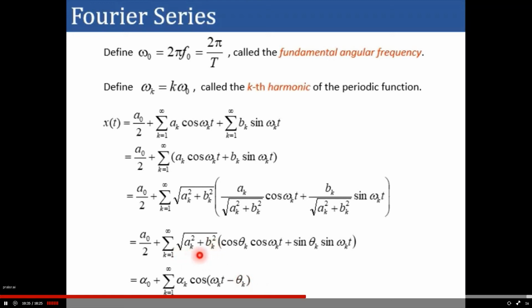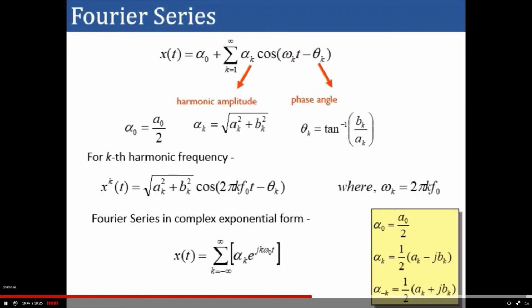We will assume that root of a_k square plus b_k square is nothing but alpha k, and a naught by 2 can be written as alpha naught. Now x(t) can be written as alpha naught plus summation k equal to 1 to infinity alpha k cos(omega k t minus theta k).